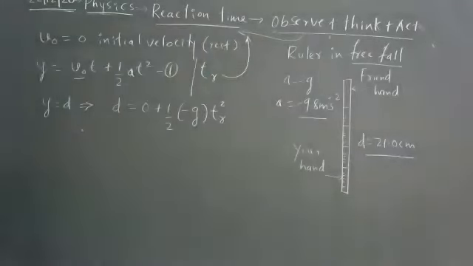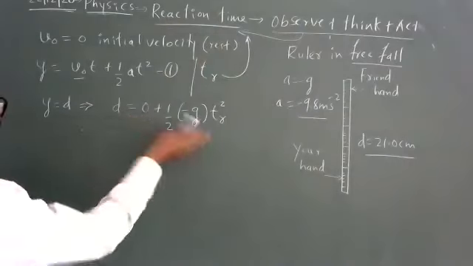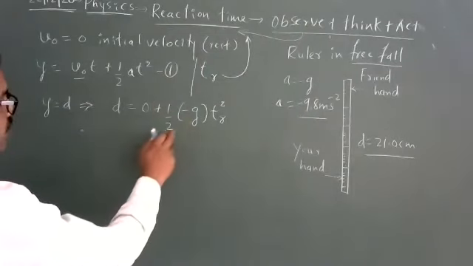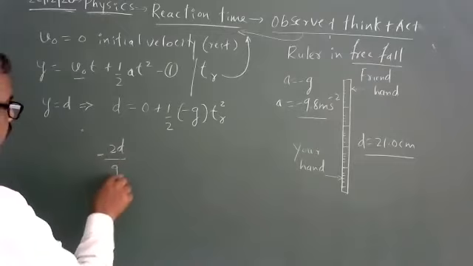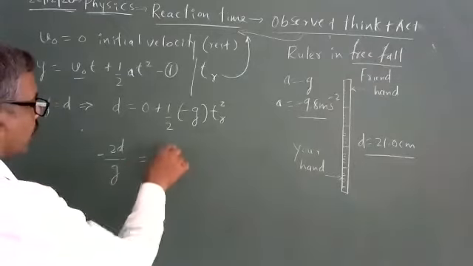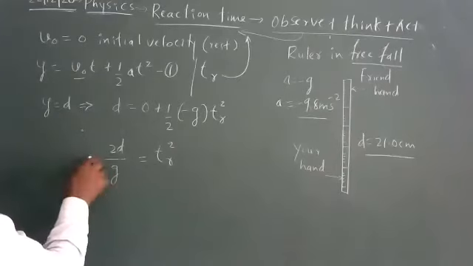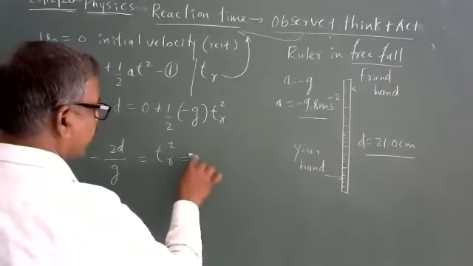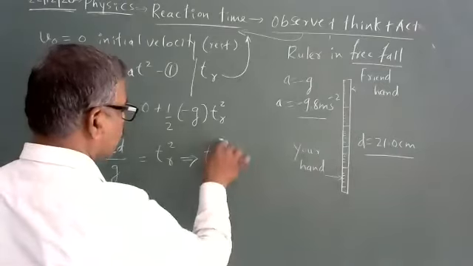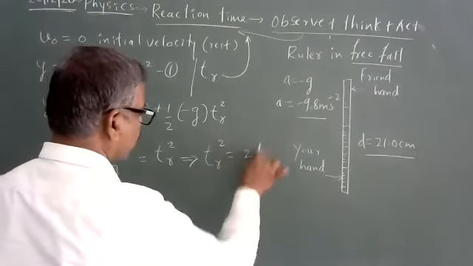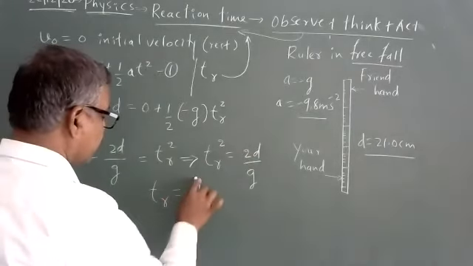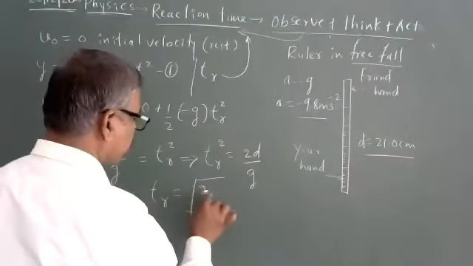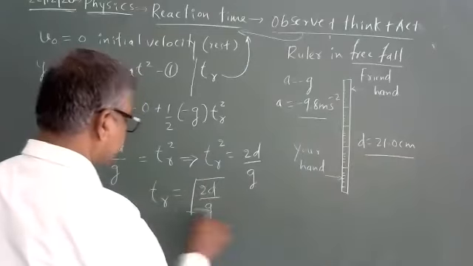Mathematically, d is known, so doing the simple mathematics, d equals minus g by 2 times t R squared, or 2d over minus g equals t R squared. We drop the minus sign, so there is no further issue. Hence t R squared equals 2d upon g, and the reaction time is the square root of 2d divided by g.